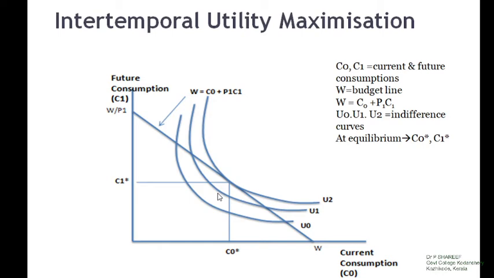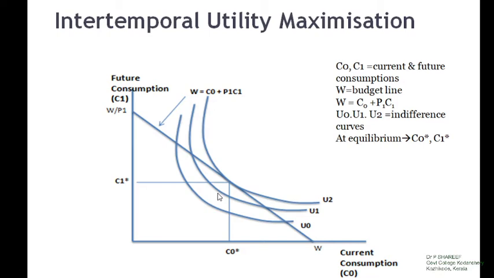The utility is maximized when the budget line is tangent with the highest indifference curve. In the figure, the indifference curve U2 is tangent with the budget line.